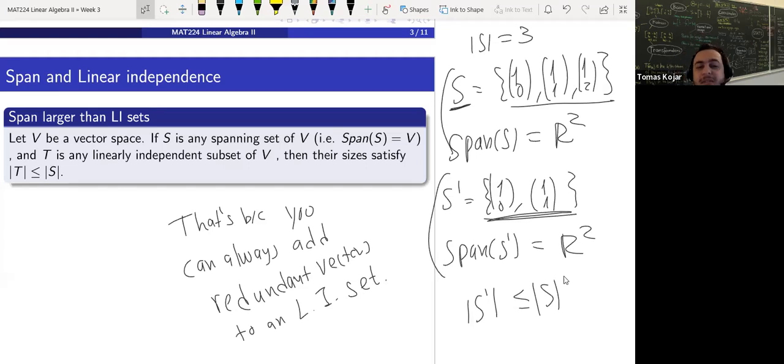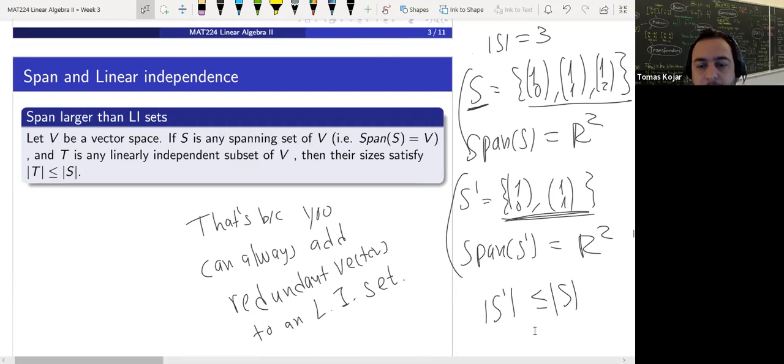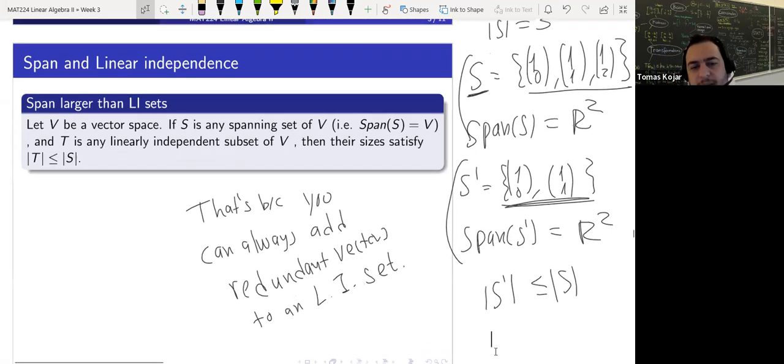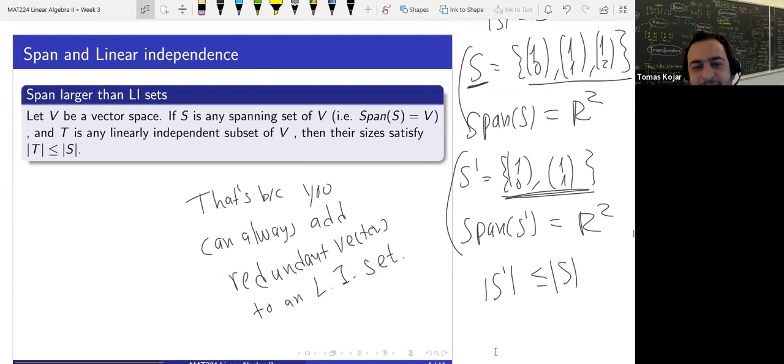Okay, that's sort of what's going on here. So let's talk about this carefully with the proof. Any questions? Oh, and a spanning set that is linearly independent is a basis, right? That's right. Yeah. So we will talk about this on Friday. So that's the motivation for this stuff.